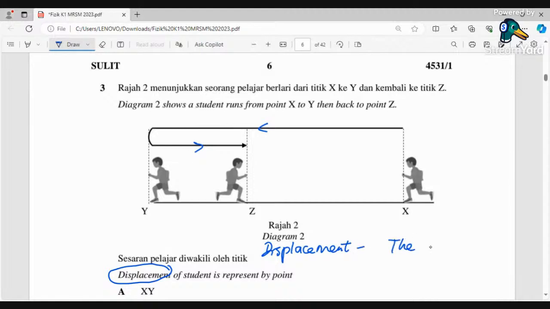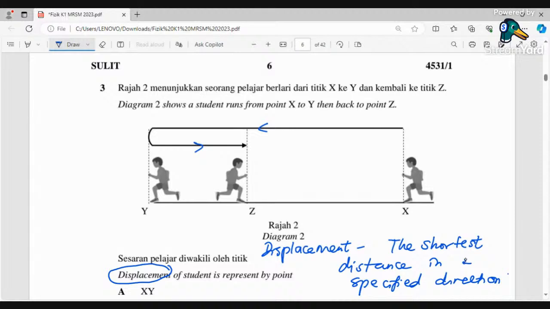The shortest distance in a specified direction. There are so many definitions actually, or the shortest distance between initial and final point.